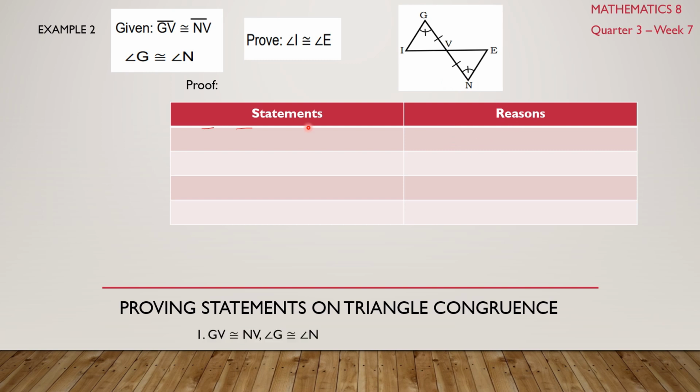Our first statement will be side GB is congruent to side NV and angle G is congruent to angle N. So, the reason is given.